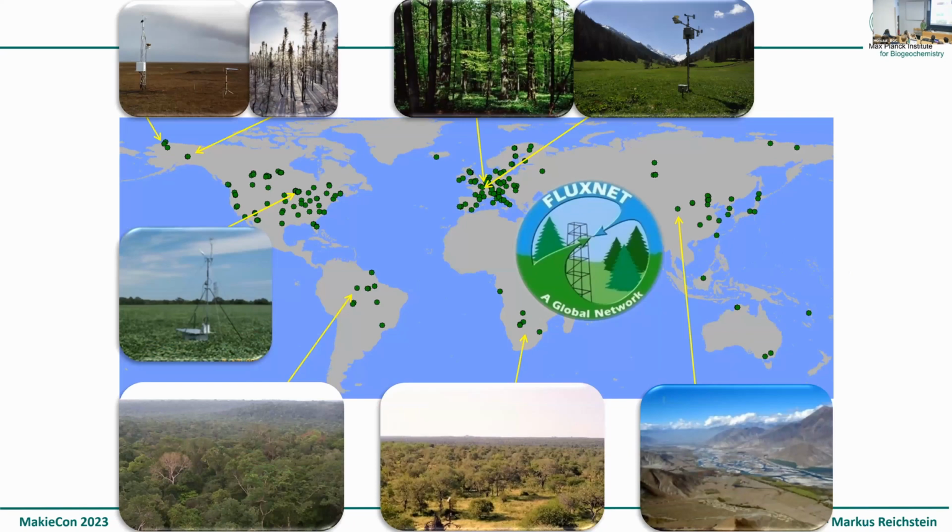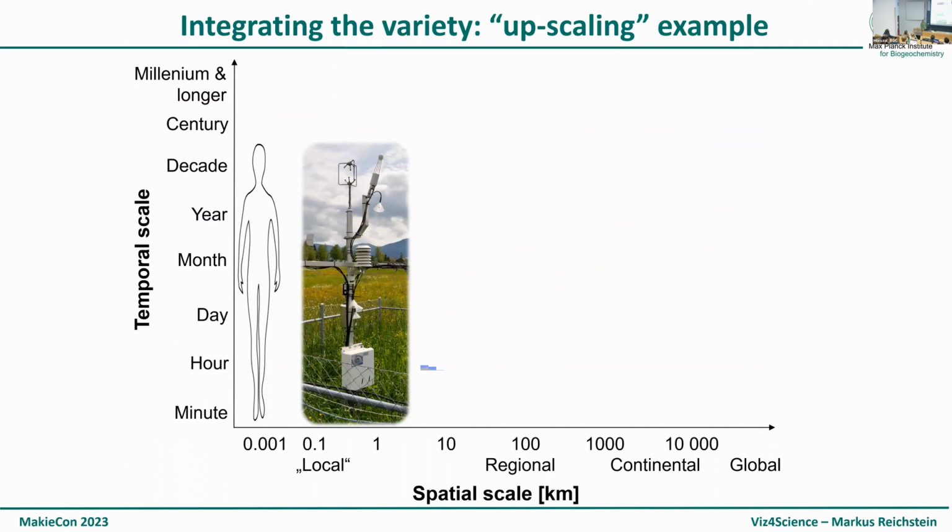And then, we want to go global. So we have all these different observation stations, and we need to somehow combine this with remote sensing data to get a global picture.